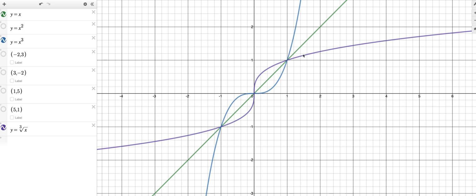If I have any one-to-one function, or even a relation, and I reflect it across the line y equals x, what I'm essentially doing is just switching all the ordered pairs making up the relation or the function. So this is just an illustration of this. You can see why y equals x is fundamentally important with regard to one-to-one functions and inverses. So, just this short video.